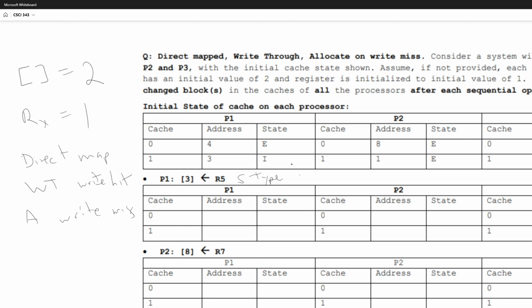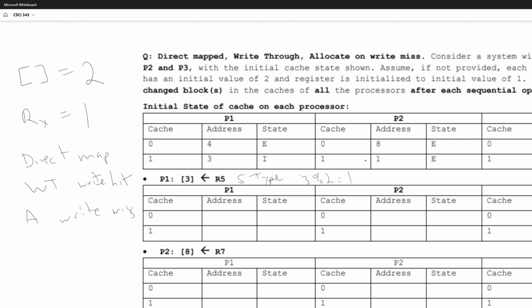So 3, the cache size is only 2. So 3 mod 2, which is equal to 1. And cache location 1, does it have address 3? It does, but it's invalid, so it's a write miss. Allocate on write miss, so we have to read it.